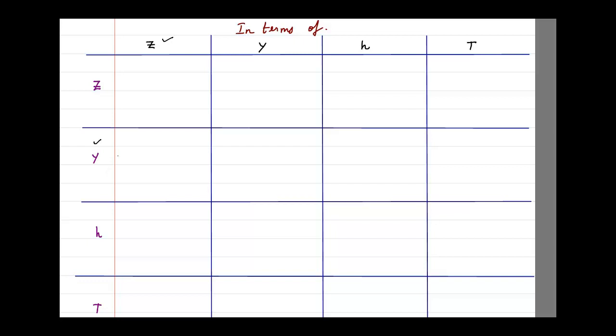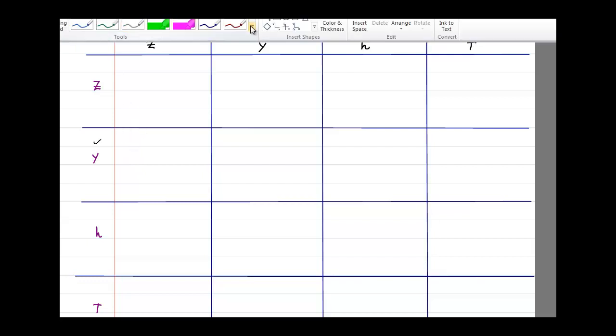So y parameter in terms of z parameter means, how will I write it?